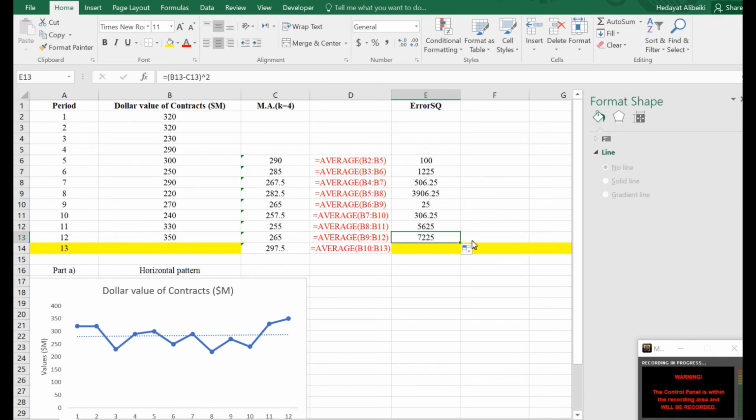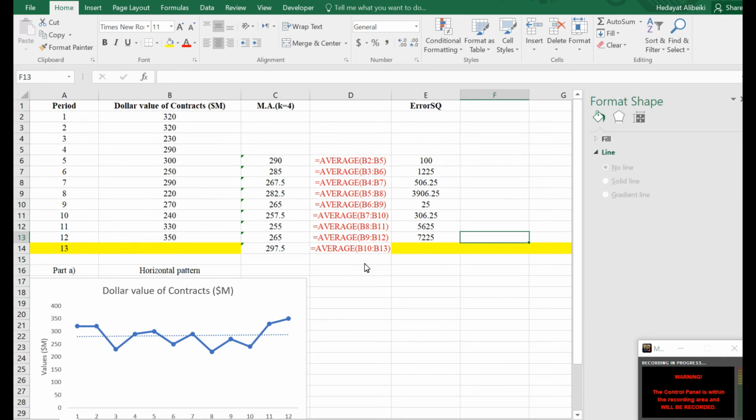If I drag it down one more step, it's going to give me a huge number because it's just comparing this against 0. So it's not good. We shouldn't calculate this one. So I'm just going to press Control Z to undo what I just did.